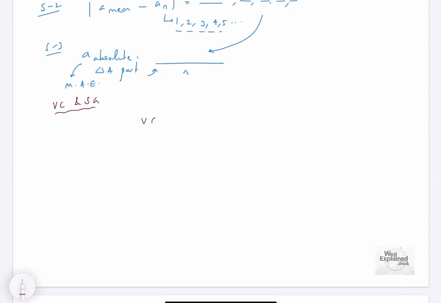We'll keep it as vernier caliper, screw gauge. What are these instruments actually? You can even look them up in textbooks. Apologies for my drawing. The vernier caliper looks like this and also has another shaft running.